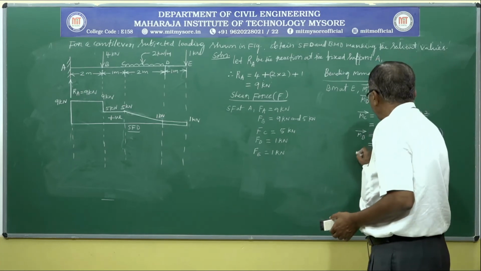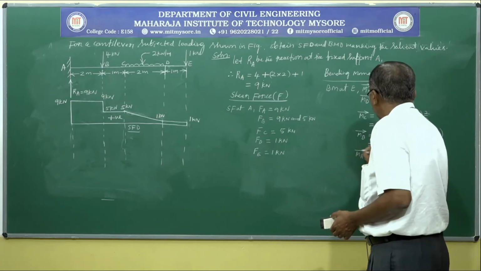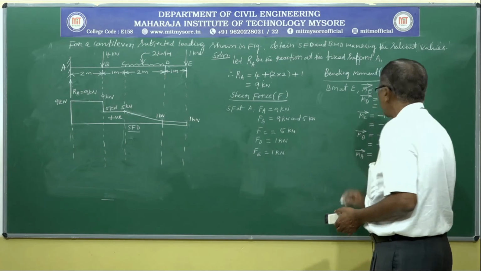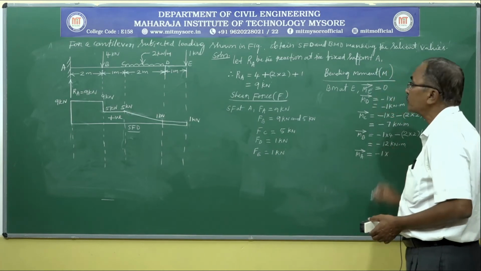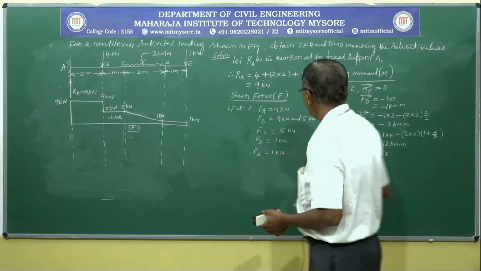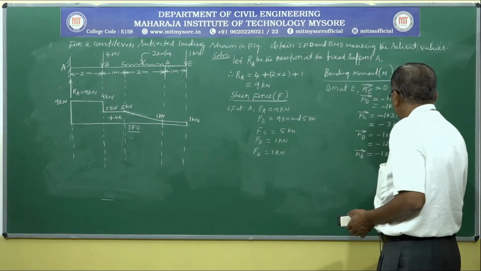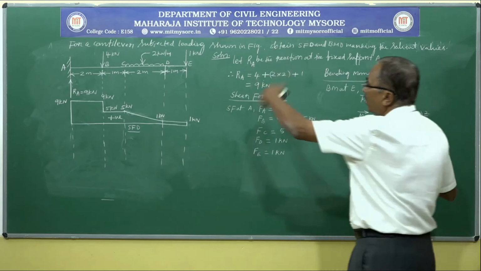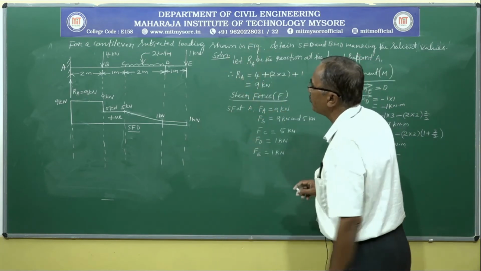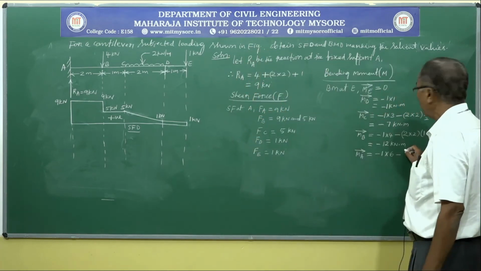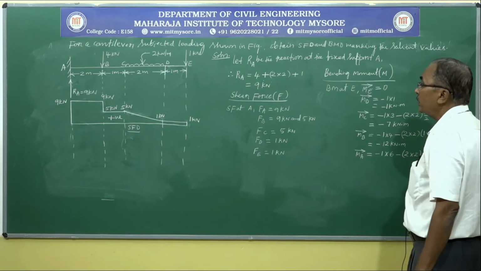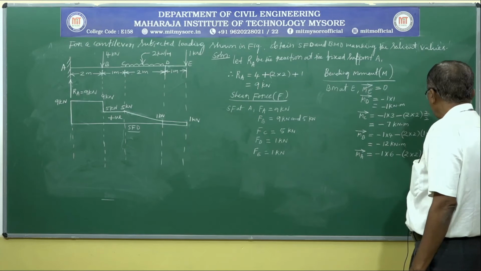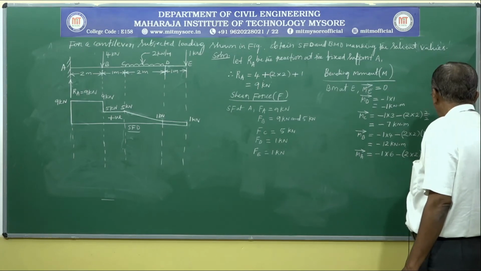Next, bending moment at A, again by considering forces to the right hand side: minus 1 into 6. Again all forces are creating clockwise moment, all are negative. Minus 2 into 2, the UDL, into (3 plus 2 by 2).